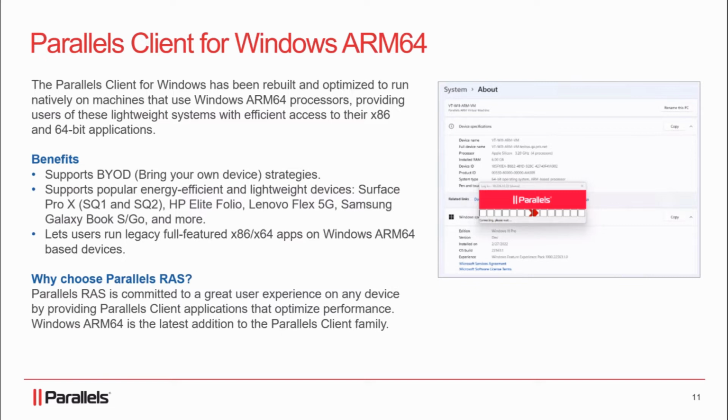With a native client, they get a full-featured Parallels Windows client and won't have to rely on only being able to access applications through the web client. And this allows legacy x86, x64 applications to run on these devices. Again, this allows us to support natively many more devices that are in the market today, and what we expect will be even more on the market as time goes on.